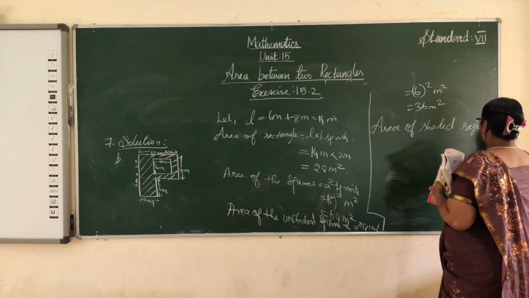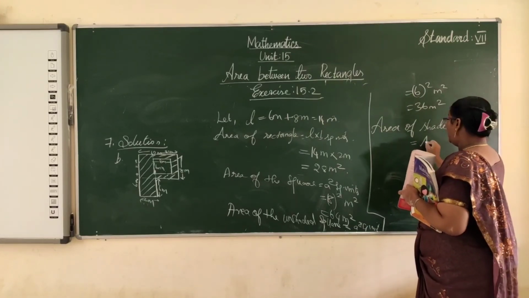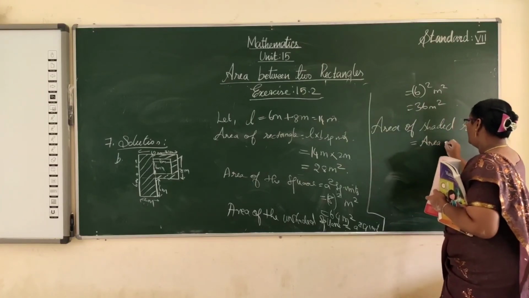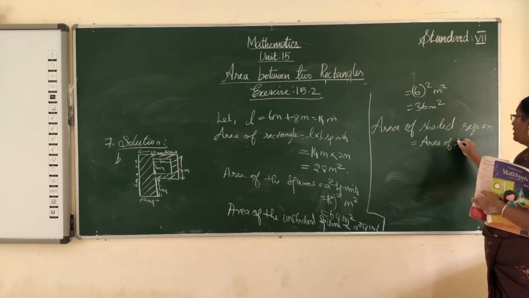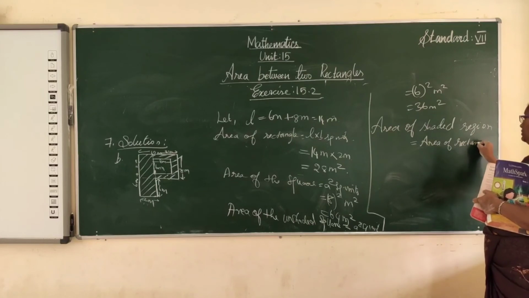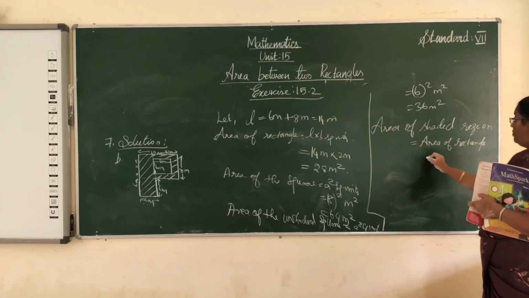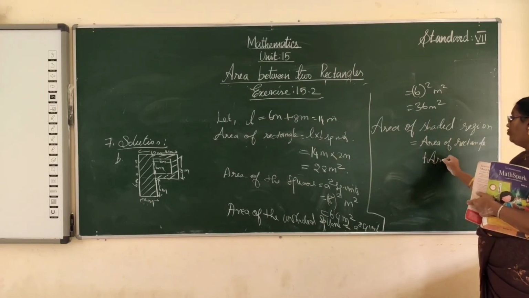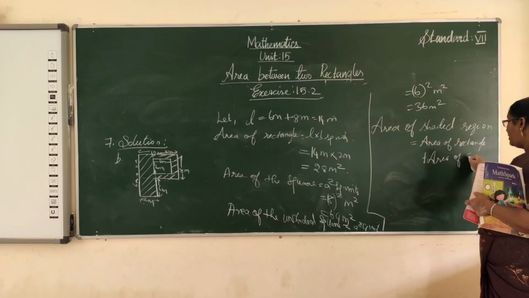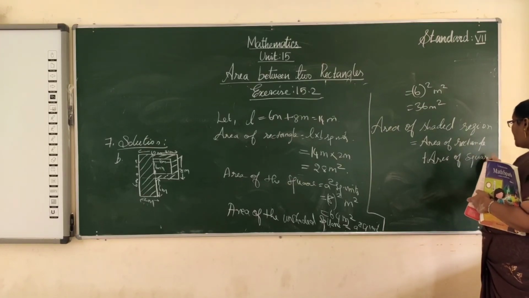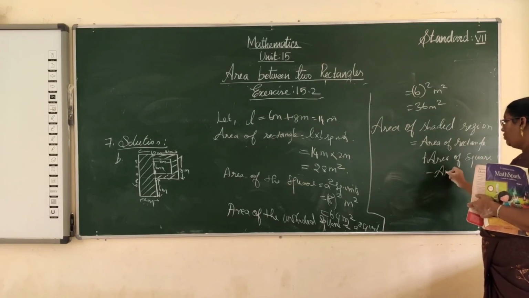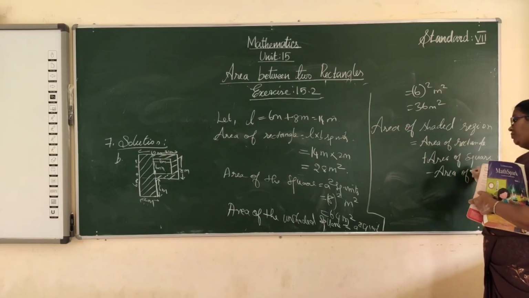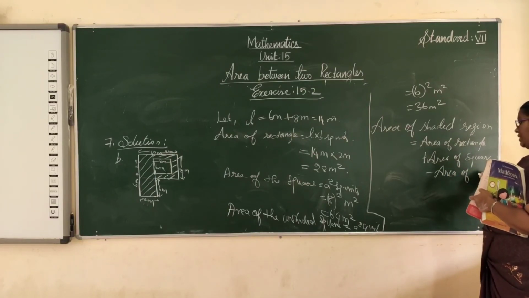Region is equal to area of rectangle plus area of square minus area of unshaded square.